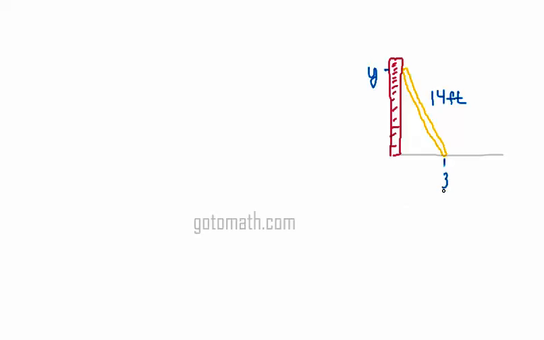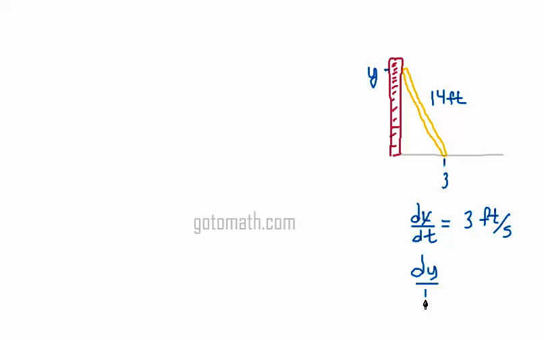So what are some things that they actually gave us? They gave us dx over dt, and that is 3 feet per second. So it's sliding away from the wall at 3 feet per second. And we were asked to find the rate at which it's sliding down the wall, which is your dy over your dt.